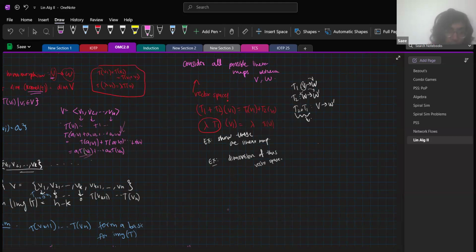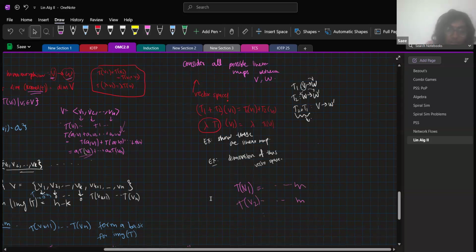So T of V1, ..., T of Vn, you just write these as some vectors. T of Vn is going to be some m dimensional vector, because again you can fix some basis for W and you can write T of V1 as some linear combination of m things. You can write T of V2 as some linear combination of m things, and so on.